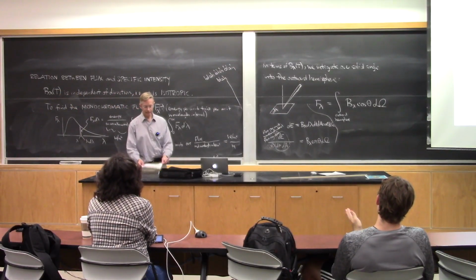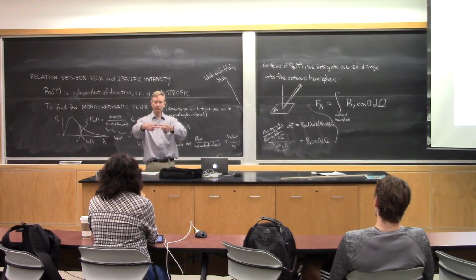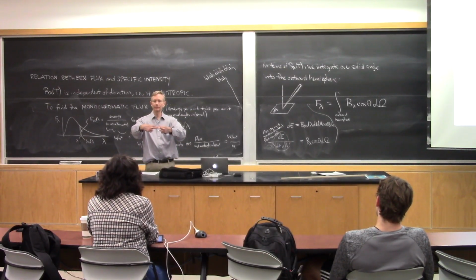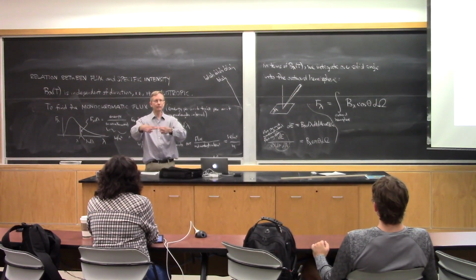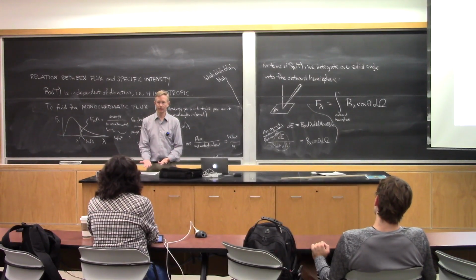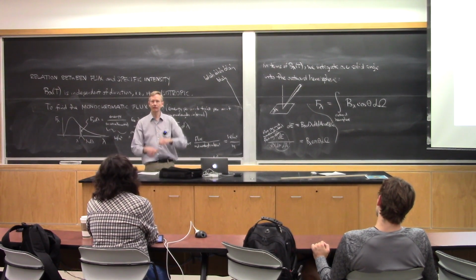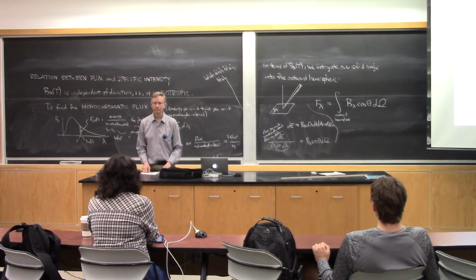what we're looking at is we want to know how much is coming out of each little piece of the surface. So I'm imagining a little piece of the surface sending this radiation out. If I wanted how much was coming out of the whole star, I'd also have to integrate this over the surface area of the star. But I just want how much is coming out of each little patch on the surface of the star.